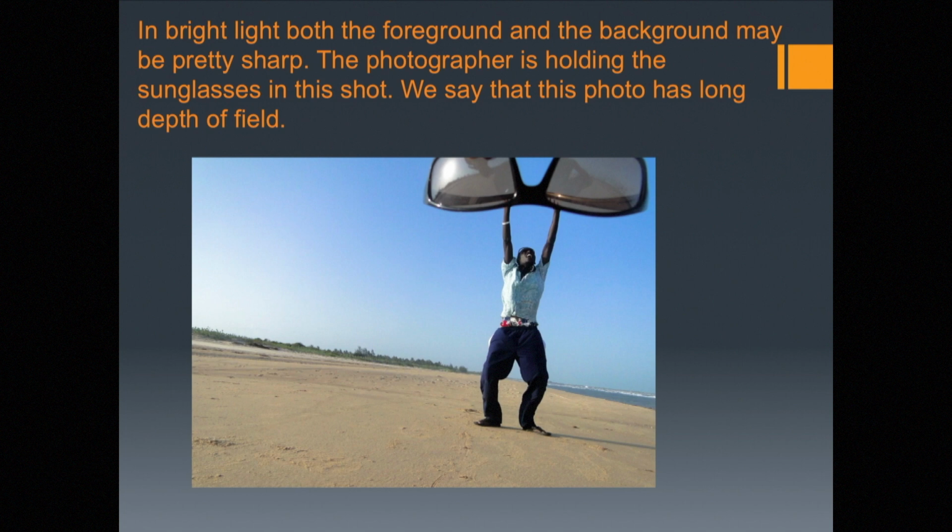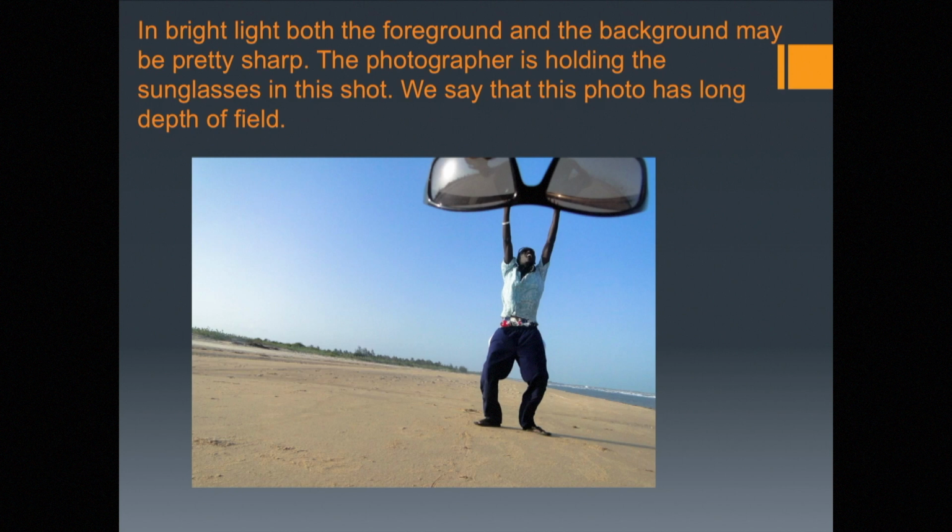And we say that this photo has long depth of field because both the foreground and the background are in focus. So you're going to have a lot less depth of field when the lighting is lower and when the subject is closer. And when you're outdoors, almost everything front to back is going to be in focus.